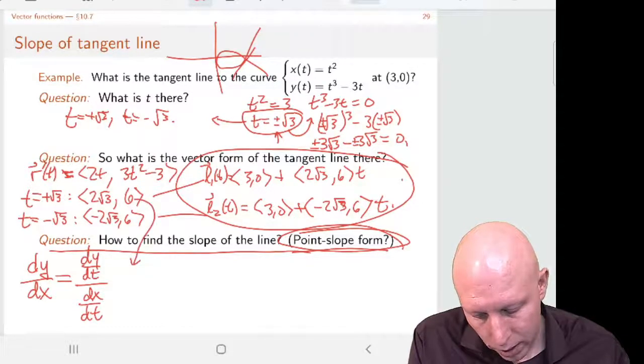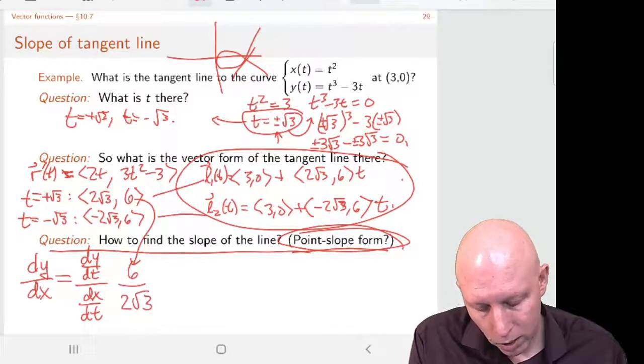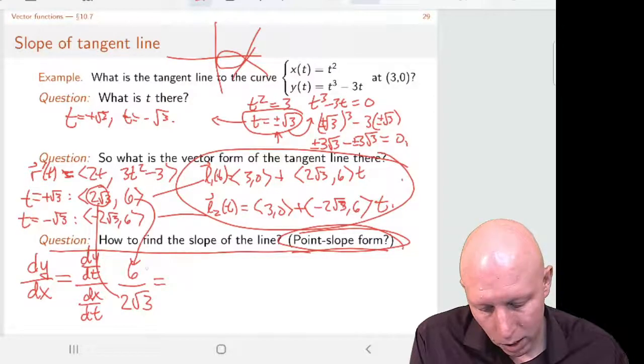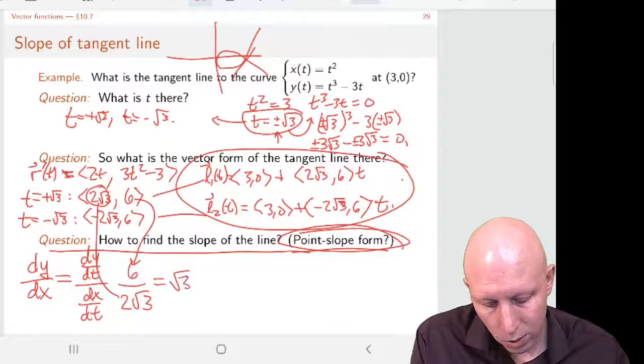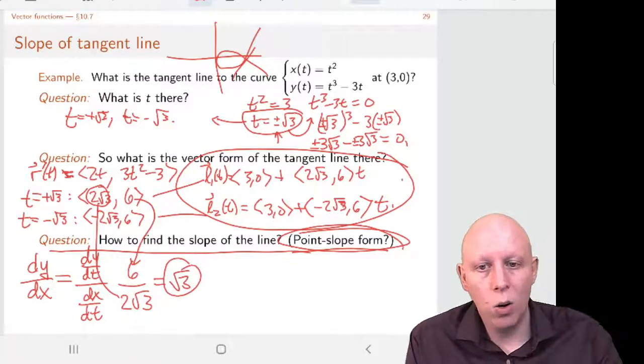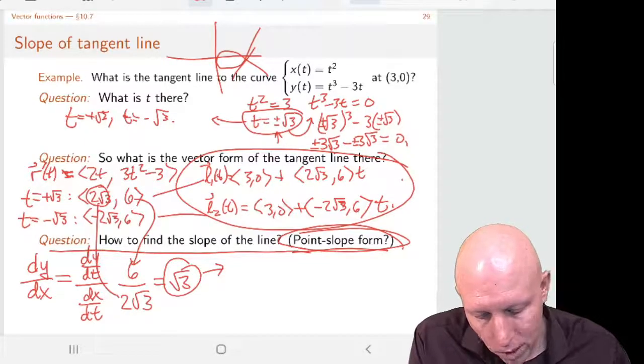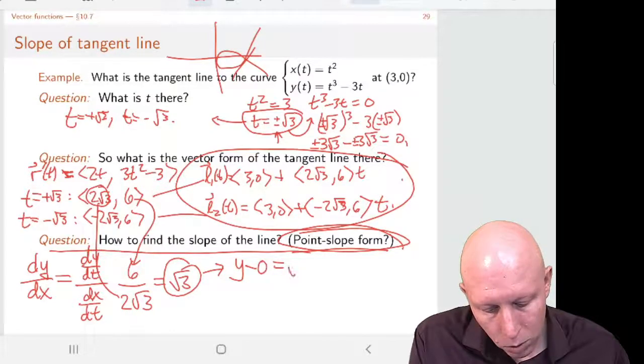Here, dy/dt is 6, dx/dt is 2 root 3. So the slope here is going to be 6 divided by 2 is 3, divided by root 3 is positive root 3. This is the slope of the line. And so that means that we could write this equation as y minus 0 equals root 3 times (x minus 3).